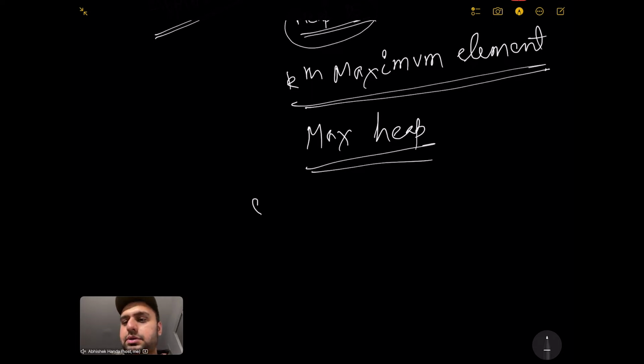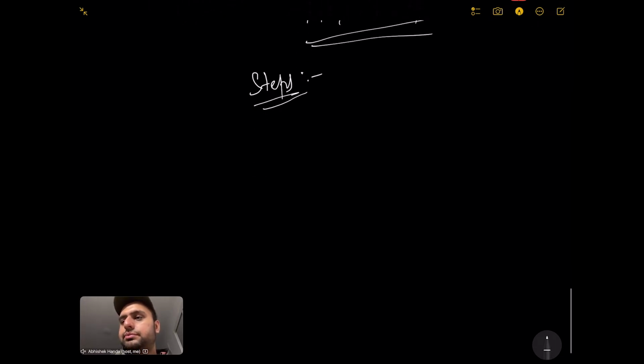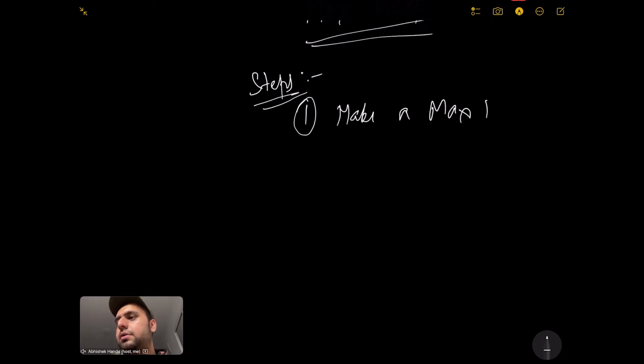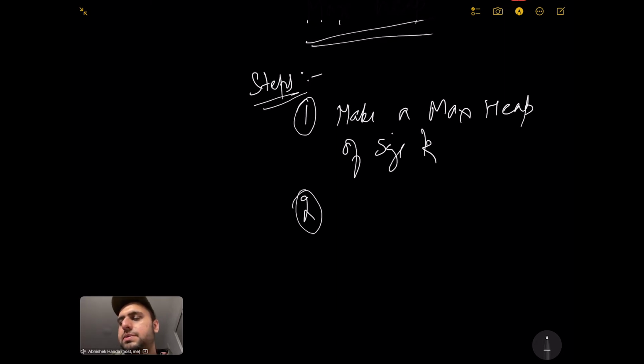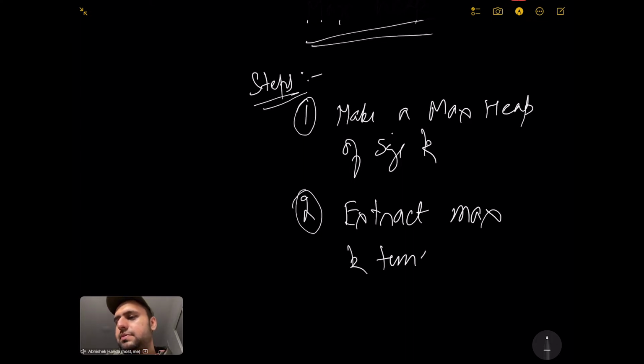So let me write down the steps of this algorithm. The first step is to make a max heap of size k, right? And the second step is to extract max k times.